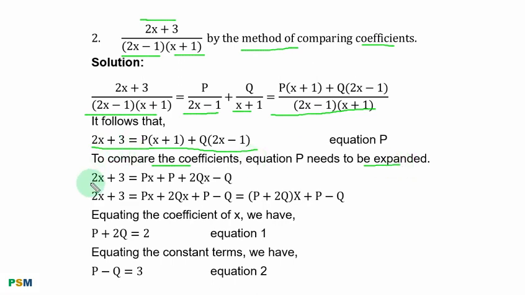So you have 2s + 3 equals P times s, that is Ps, plus P, plus Q times 2s, that is 2Qs, plus Q times minus 1, that is minus Q. The terms that have s in common, you bring them together, and the constant terms P minus Q, you bring them together.